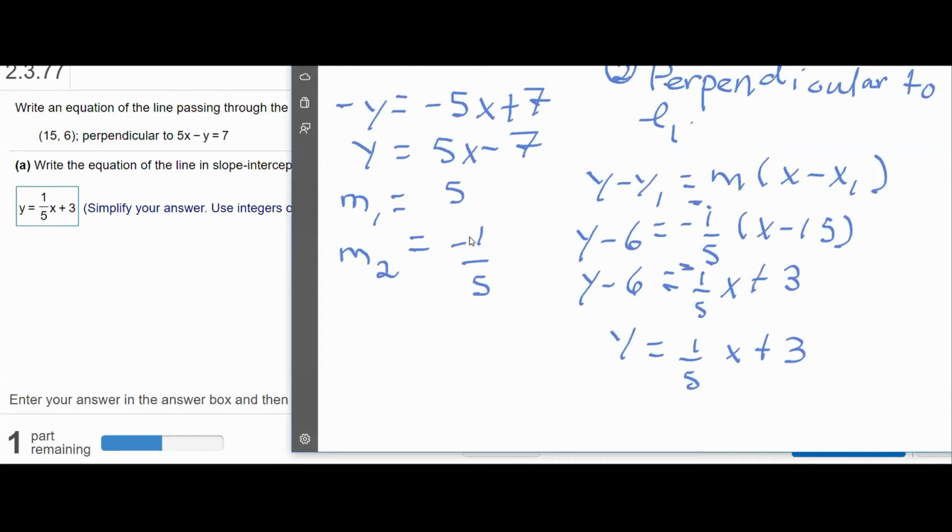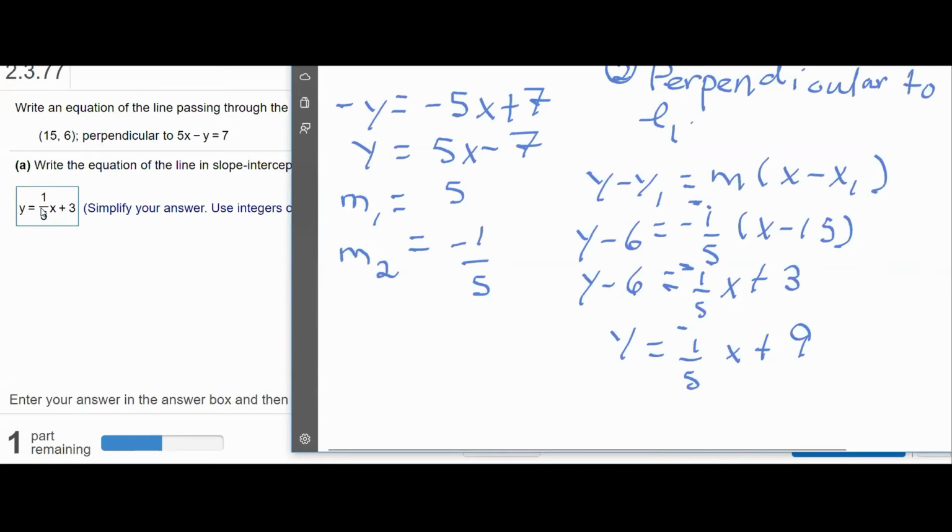When we add the 6 to get y alone, 3 plus 6 is 9. So that's going to be a -1/5 x plus 9. That's equal to y.